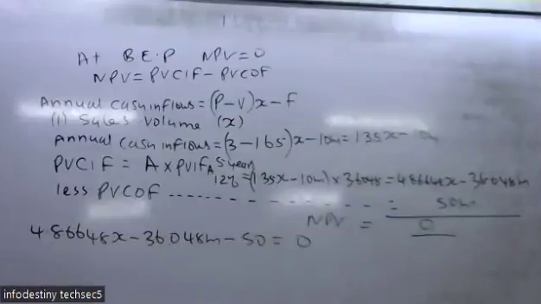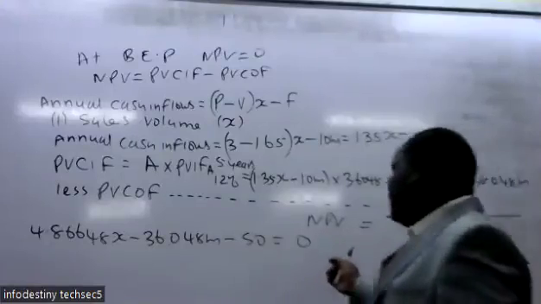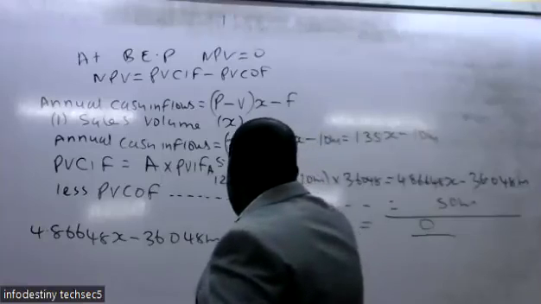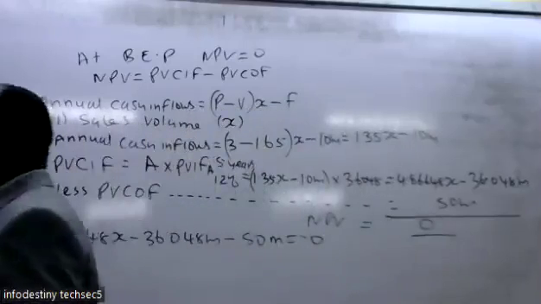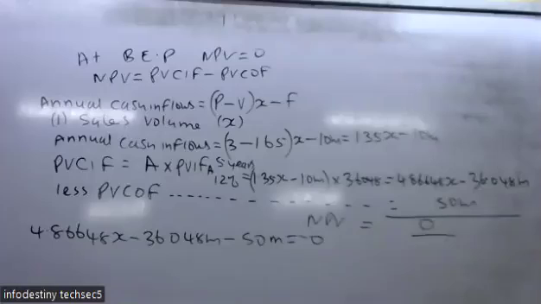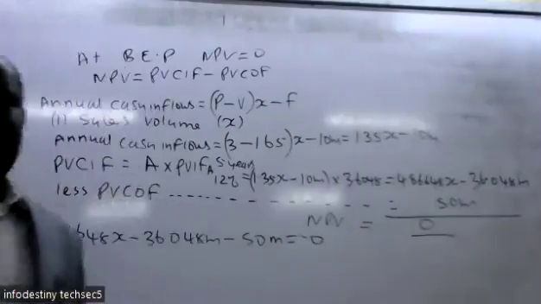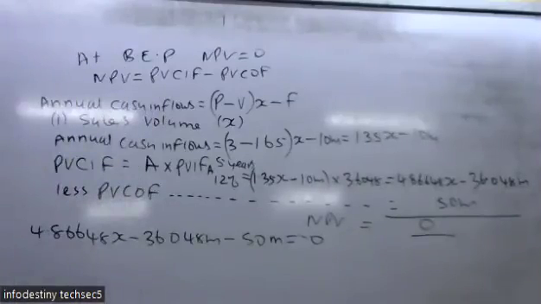So you will take 86.048 million and divide by 4.86648 to get the value for X. When we make X the subject, what value should we have at that point?